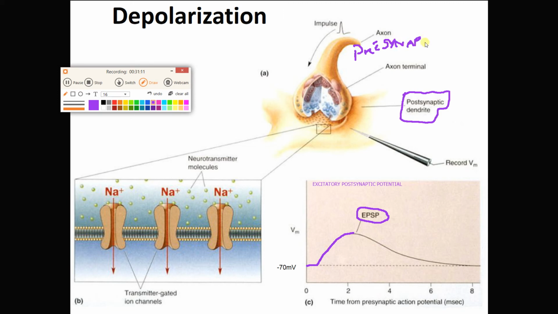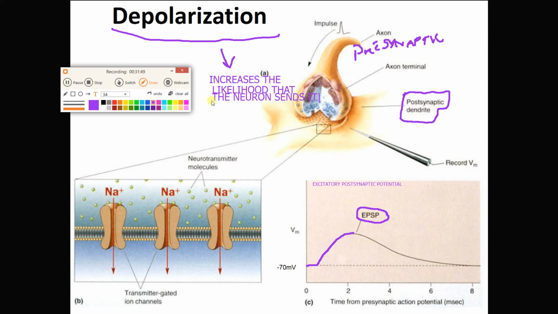Excitatory. Why do we use that word excitatory? We use it because this depolarization is going to increase the likelihood that the neuron sends its own electrical signal.